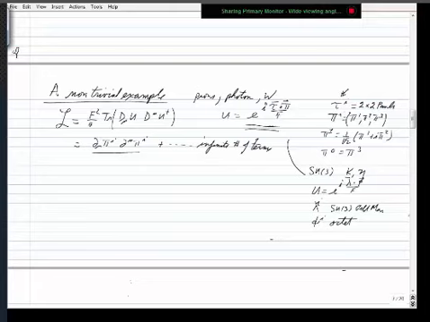There are 3 Pauli matrices, 1, 2, and 3. These are the pion fields, so these can be broken up into pi plus and minus, which is 1 over square root of 2, pi 1 plus or minus i pi 2. Pi 3 is pi 0.